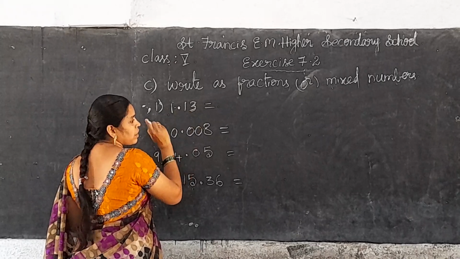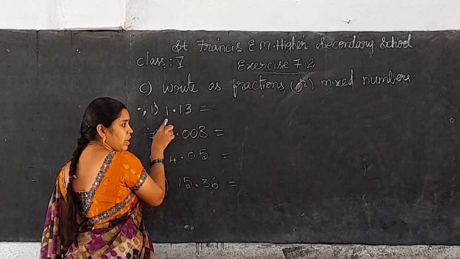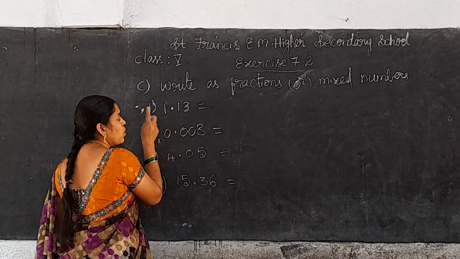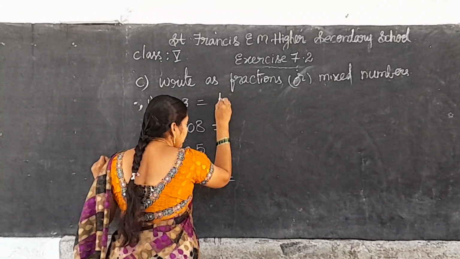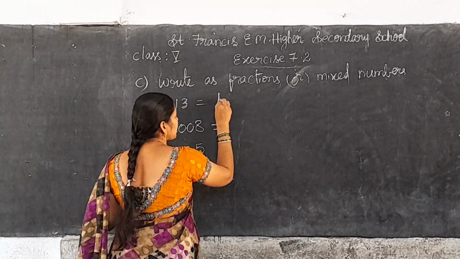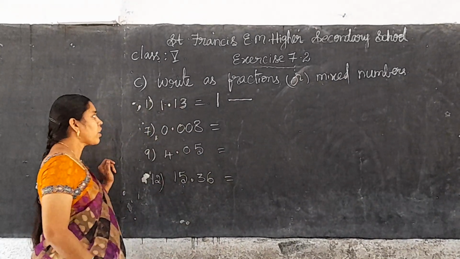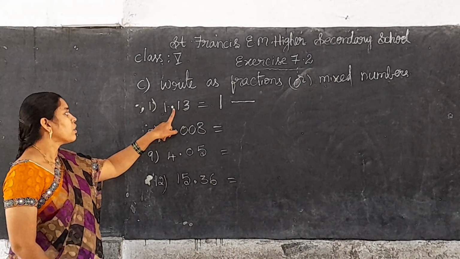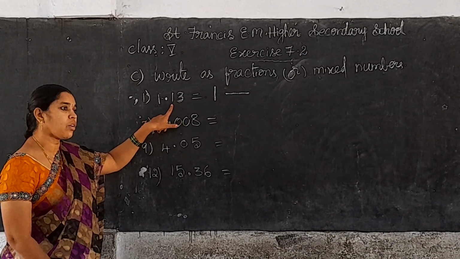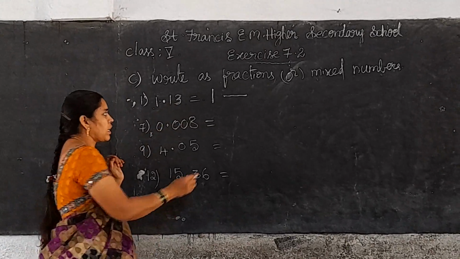1.13. Listen carefully. What number is there before the point? The number before the point we call the whole number. So in fractions the whole number you should write aside. In the middle of this you should draw the fraction bar. Now what numbers are there after the point? The 1, 3. Those numbers you should write in the numerator.